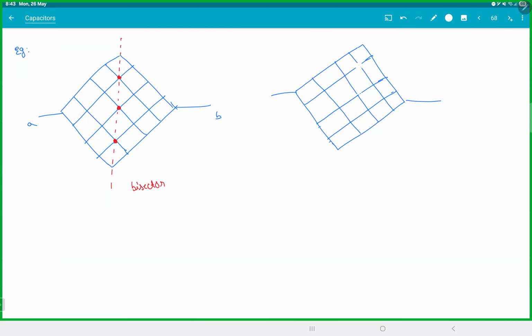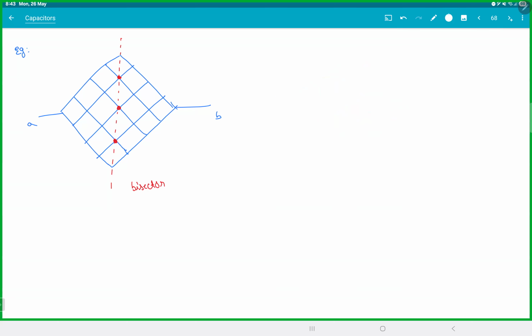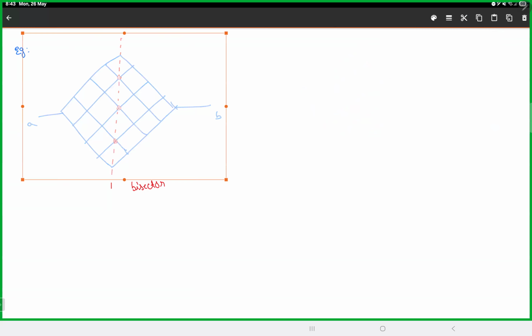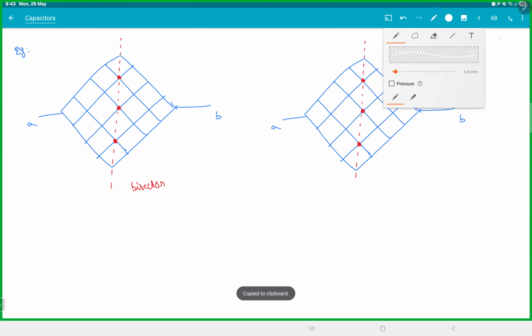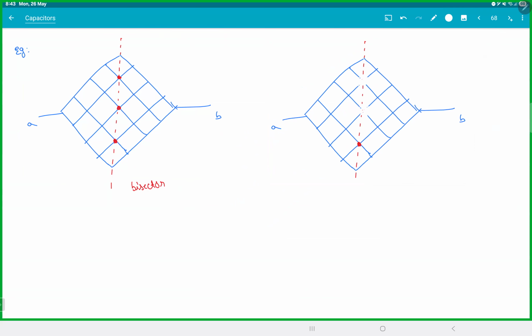So when I open the nodes now, the circuit will become like this. See, this node can be opened up like this.